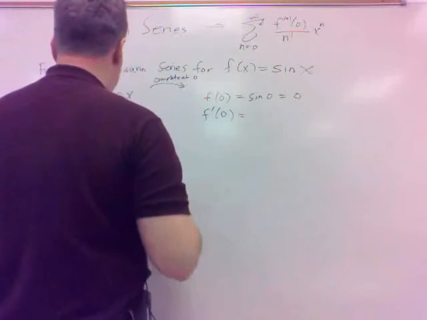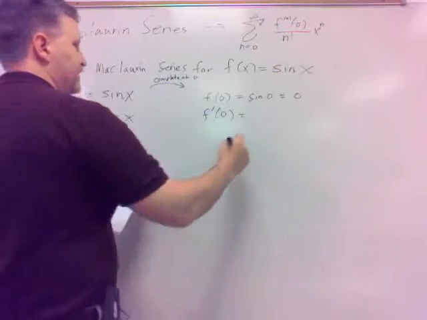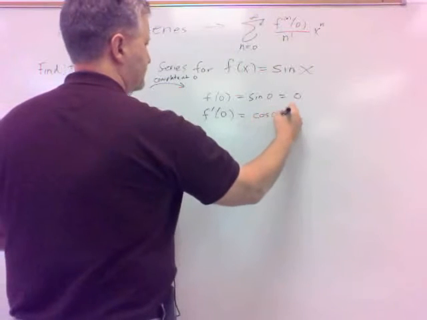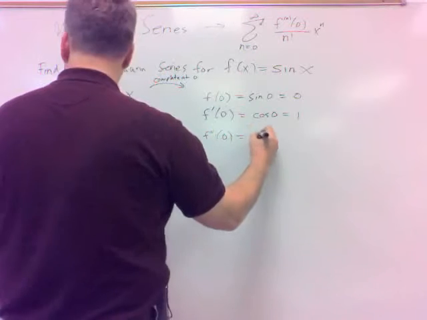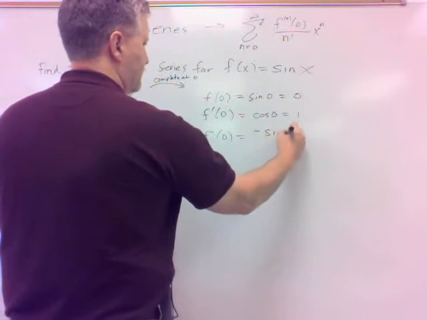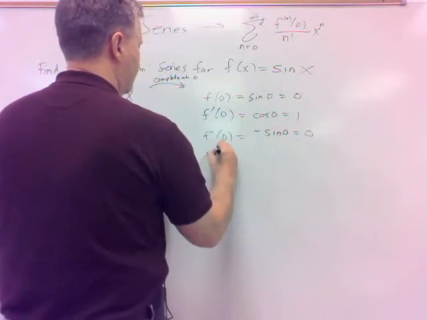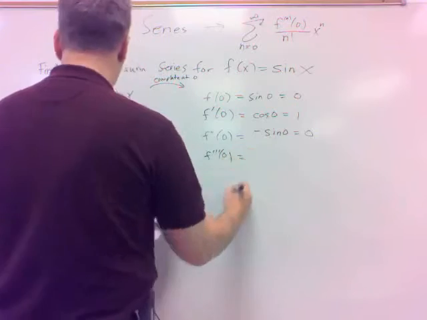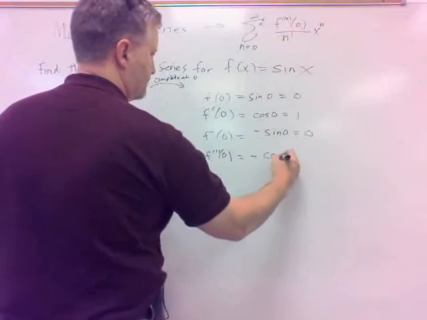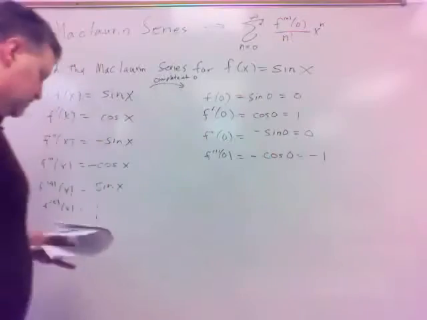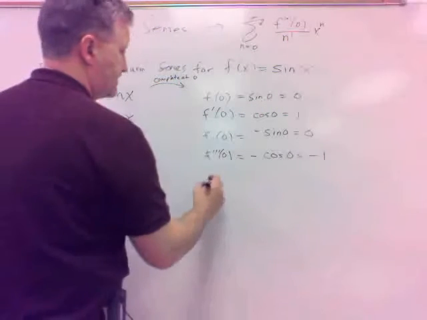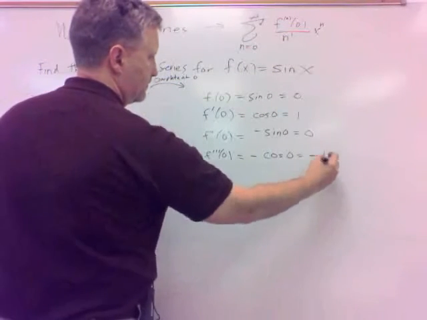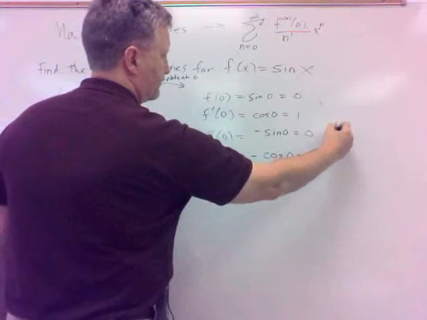First derivative at 0 would be cosine of 0, which is 1. Second derivative at 0 is negative sine of 0, which is still 0. Third derivative at 0 will be negative cosine of 0, which is negative 1. And then the cycle starts all over again, won't it?